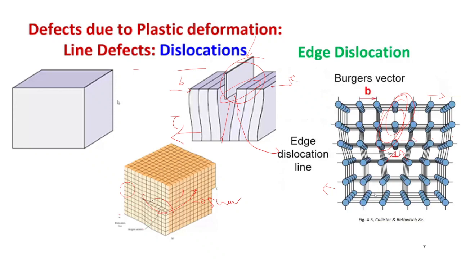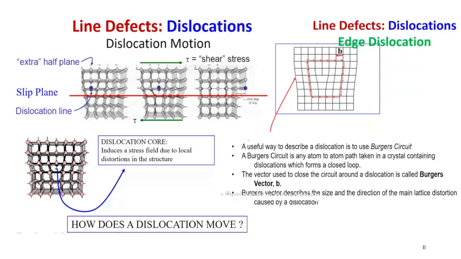Here we see the screw dislocation line, and the screw dislocation line is parallel to the Burgers vector. Usually the dislocation occurs along a plane called the slip plane.